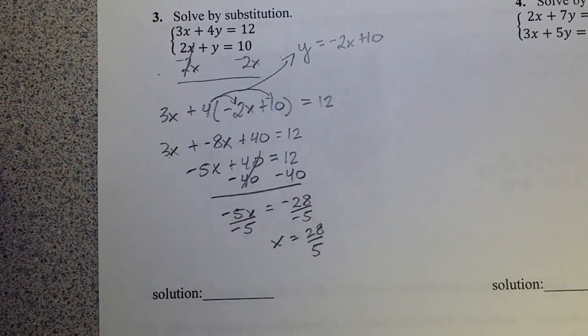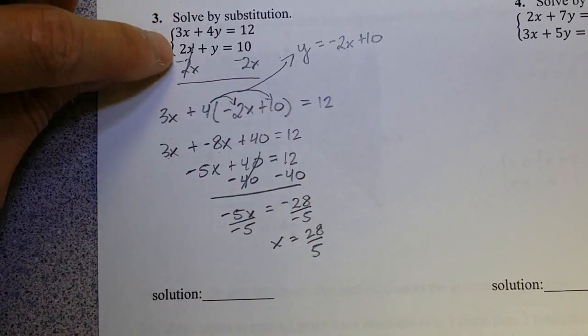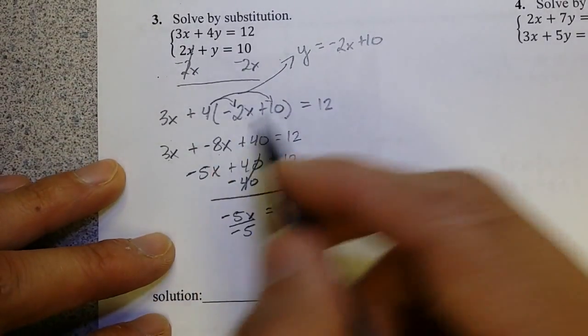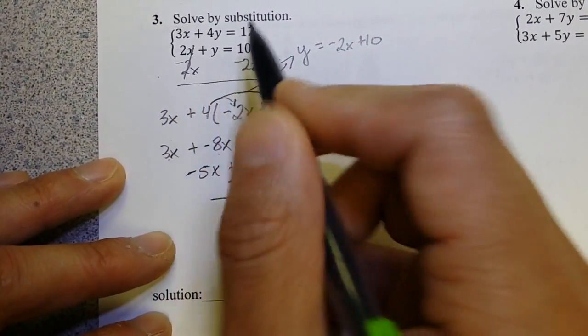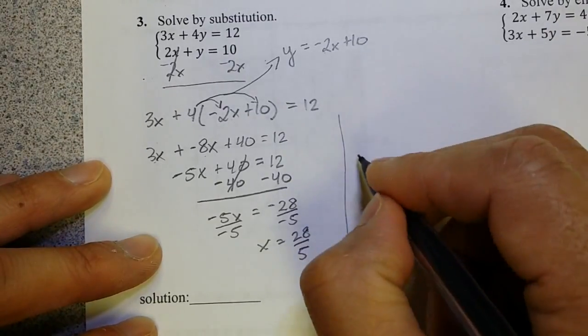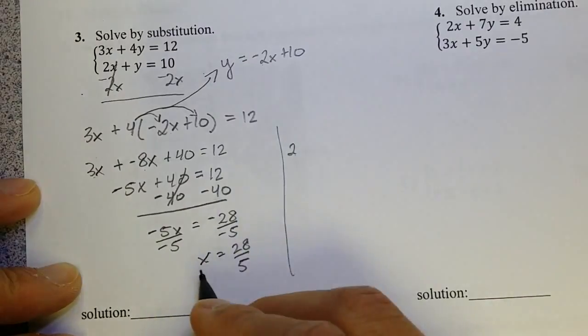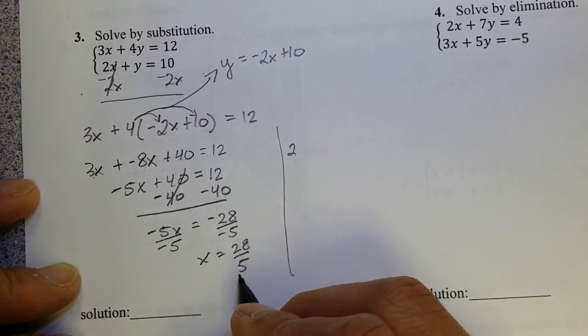So now I know what x is, the actual value of x. Now I can plug it back into one of these equations and find y. So let's use the easier one, 2x plus y equals 10. So here's 2 times x. Well, I know that x equals 28 over 5.